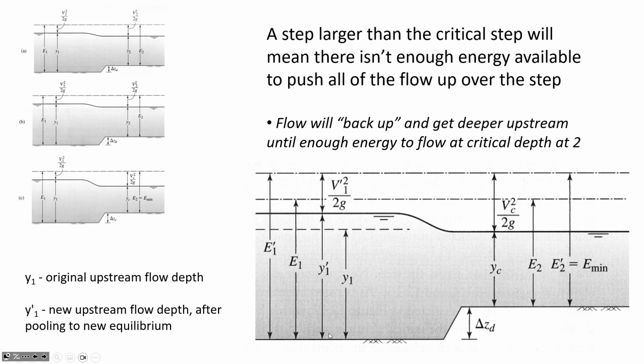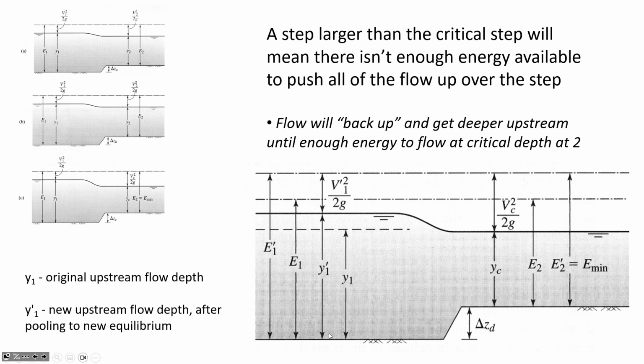It'll be the new depth once you reach a new equilibrium. Because it's going to start, like 1 microsecond later after we suddenly introduce this step, it's just going to get a little higher, and a little higher, and a little higher. But eventually, it'll come to an equilibrium, meaning that it's going to resume steady flow. The flow in and flow out through this control volume that we're looking at will be equal.